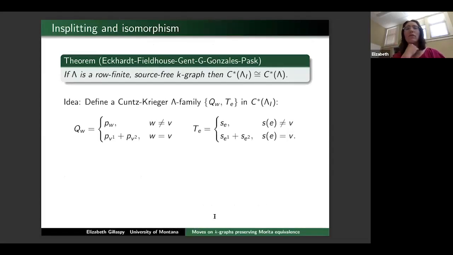So how do we prove that we don't actually change the C-star algebra we get out in the end? Well, I'm going to define a Cuntz-Krieger family for the original graph lambda inside the C-star algebra of the new K-graph.